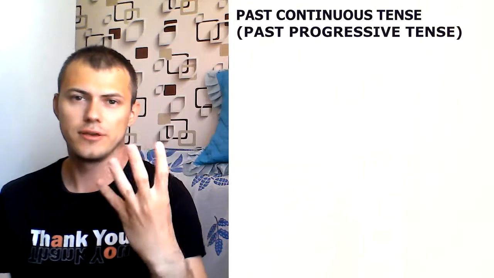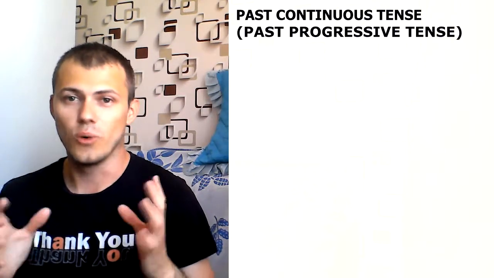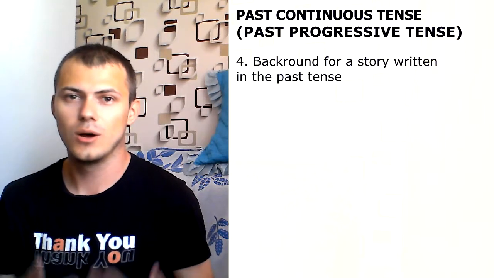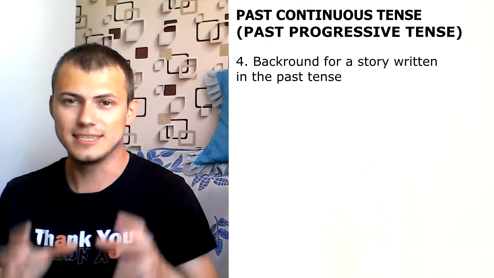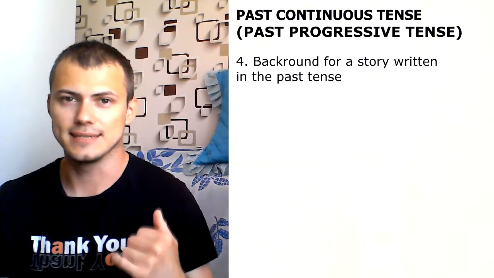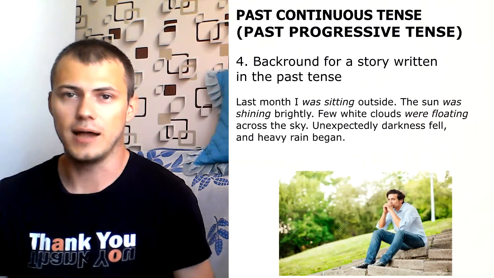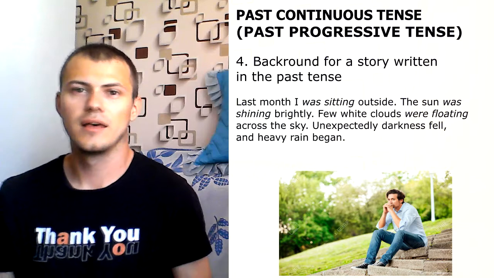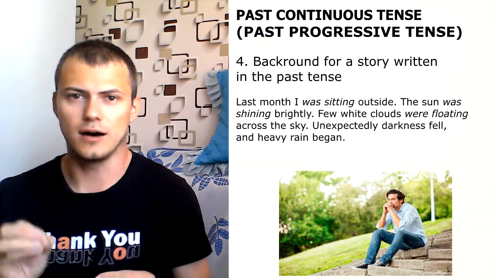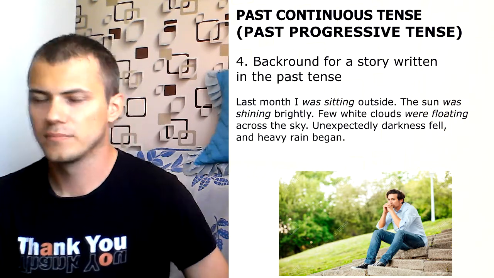The fourth usage of the past continuous tense is when we set the background of a story, when we try to set a scene of a story written in the past tense. For example, last month I was sitting outside. The sun was shining brightly. Few white clouds were floating across the sky.